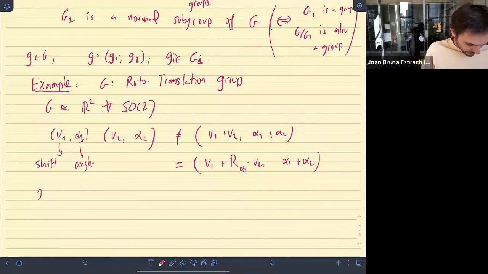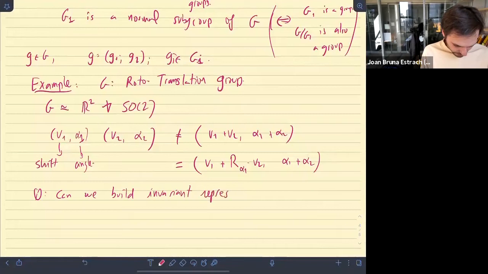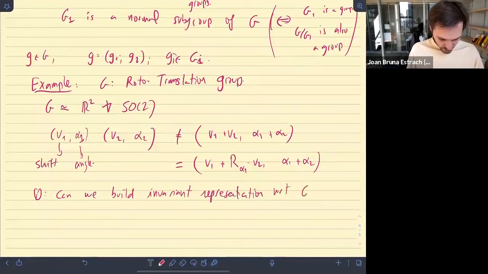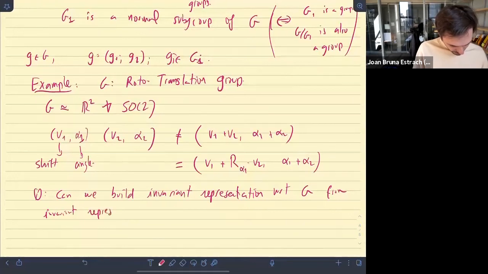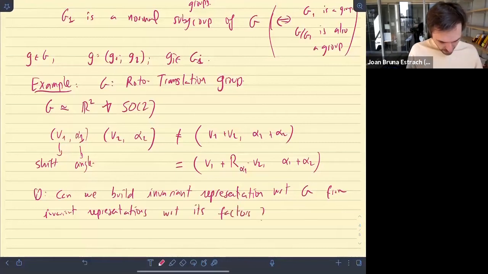So the question is, can we build invariant representations with respect to G from invariant representations with respect to its factors? That would be great, right?